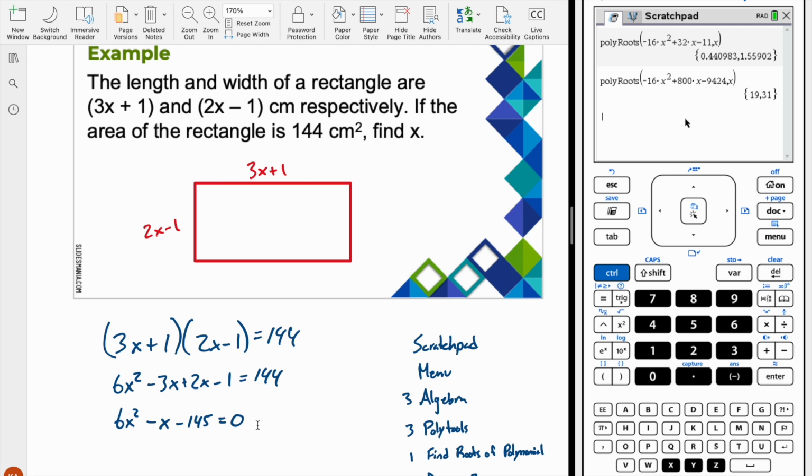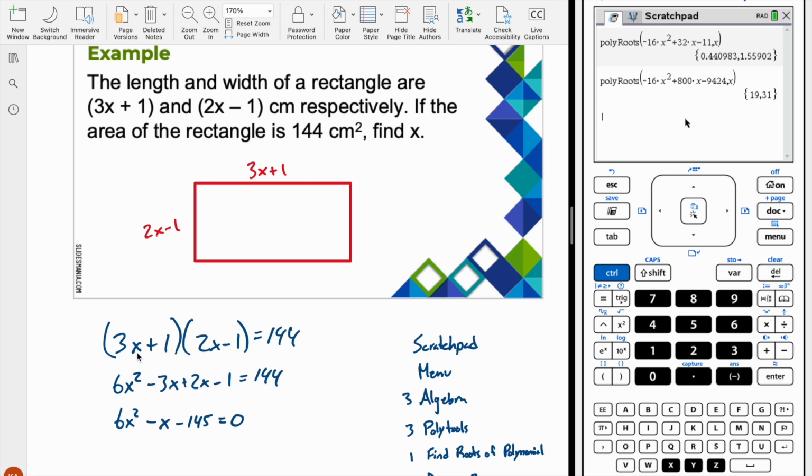Now, as we are working this problem, in order to get the actual area itself, we need to multiply our two sides against each other. Remember, area is equal to length times width. So from this point, we FOIL out our 3x plus 1 and our 2x minus 1.